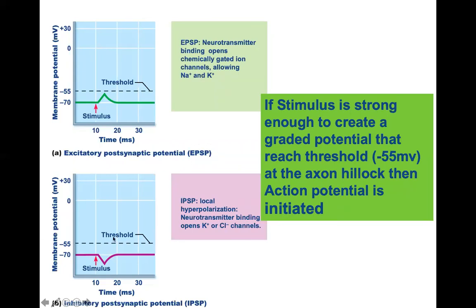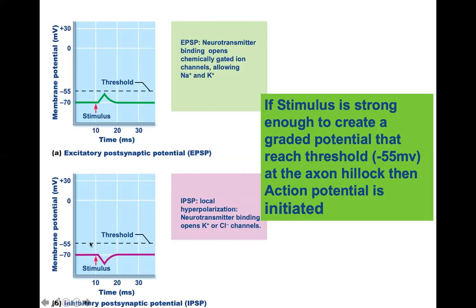In other scenarios, if you have chloride channels opening, chloride coming in, making your cell more negative, or potassium leaving your cell, making your cell negative, then you have a hyperpolarized scenario, or hyperpolarization. And this is known as IPSP, or inhibitory postsynaptic potential.